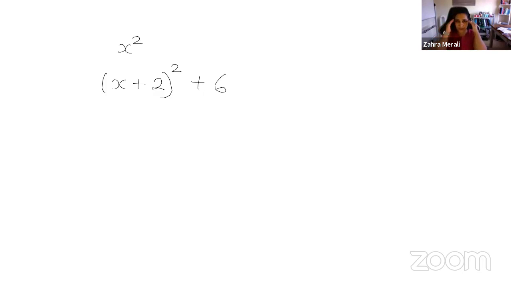Think, okay, what's happened? Inside the bracket, it's got a plus 2. That means it hasn't really gone plus 2, it's really gone minus 2. So here we've got a translation. The whole graph has shifted minus 2, and then it's shifted up 6.